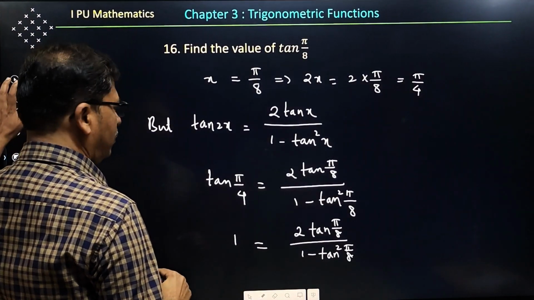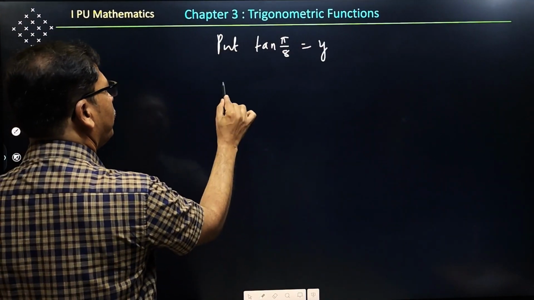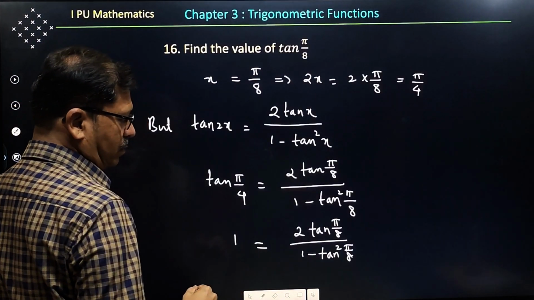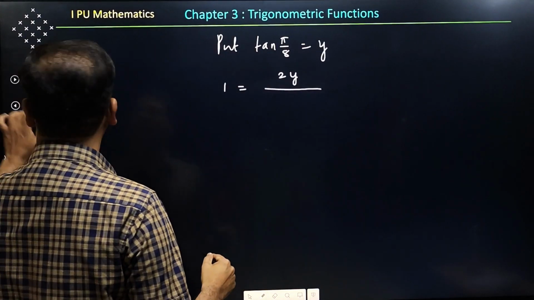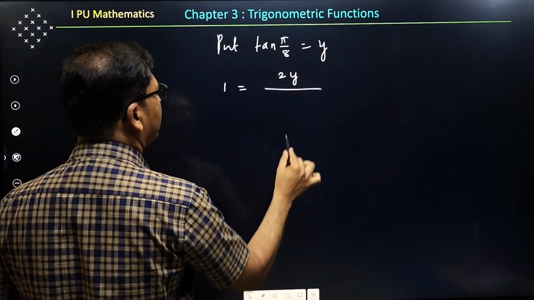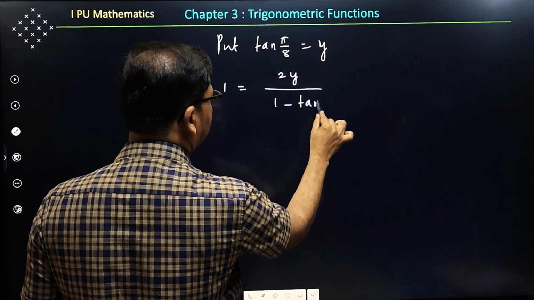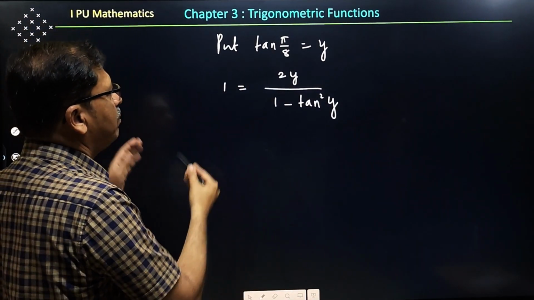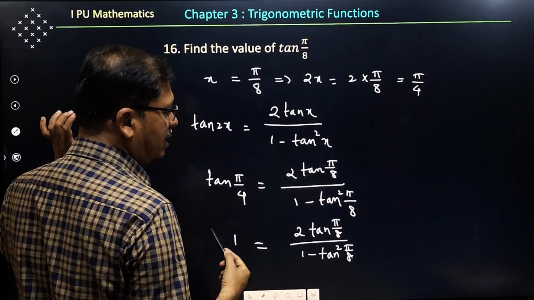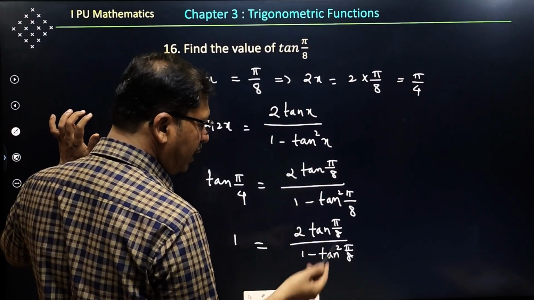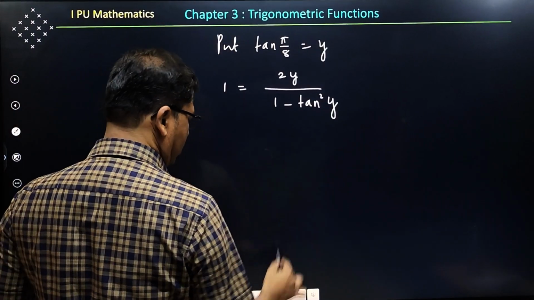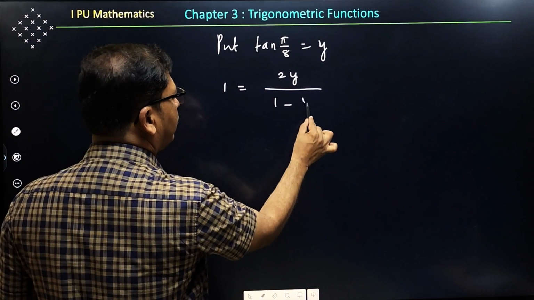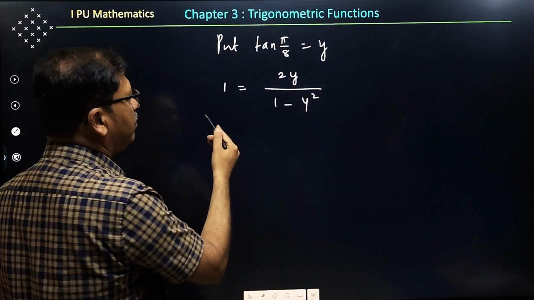See, 1 is equal to 2y divided by 1 minus tan square pi by 8. Okay, sorry. Tan pi by 8 itself I have taken as y, so this is y square. So 1 minus y square.